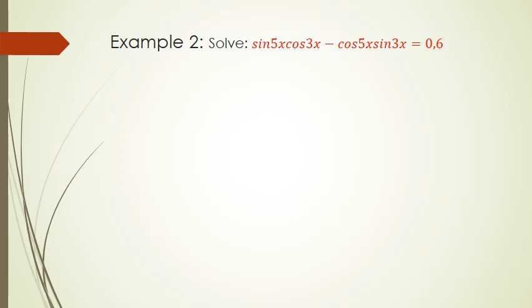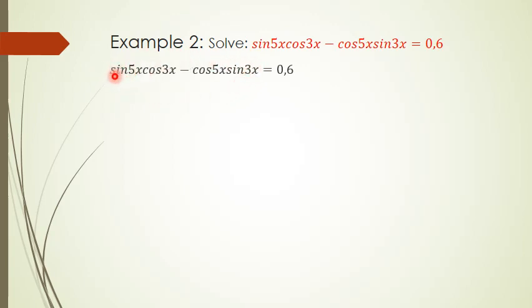Example 2. Solve sine 5x cos 3x minus cos 5x sine 3x equals 0.6. So that's our equation. Looking closely at the equation, we see that this is the right hand side of the compound angle formula for sine.